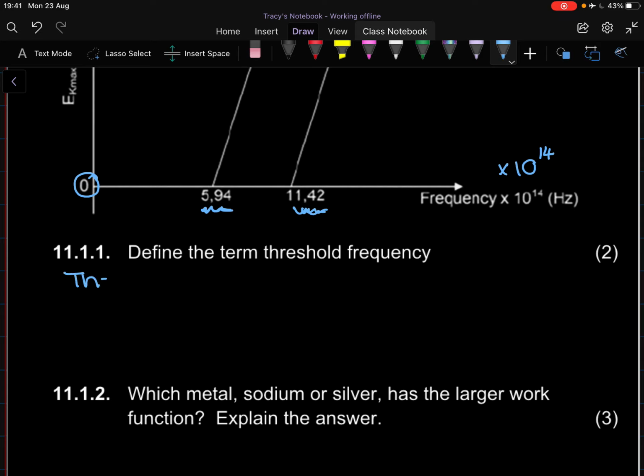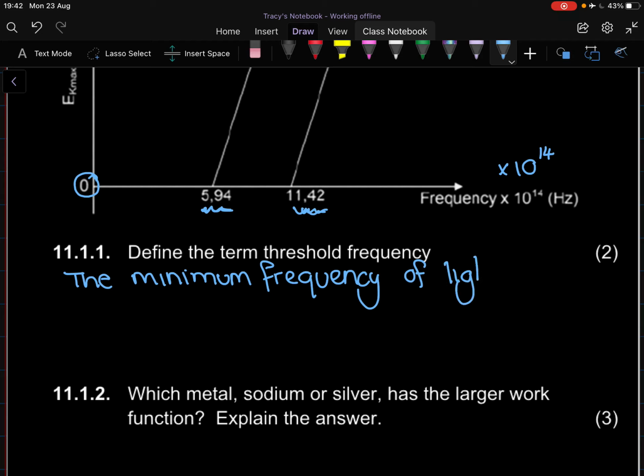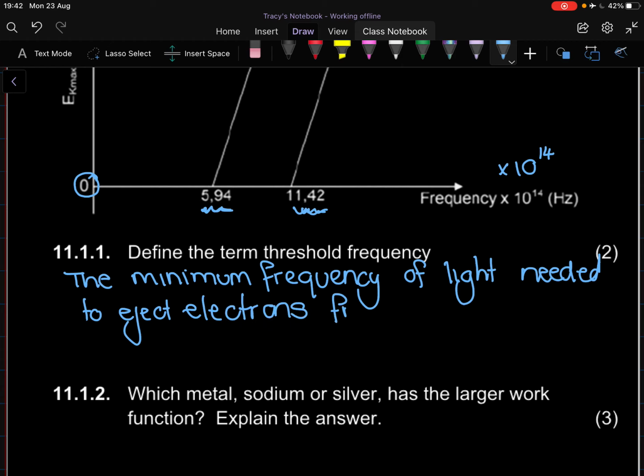Alright, so it is the minimum frequency of light needed to eject electrons from the surface of a metal. Okay?